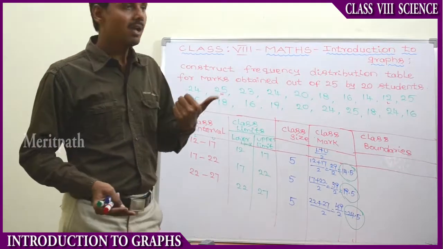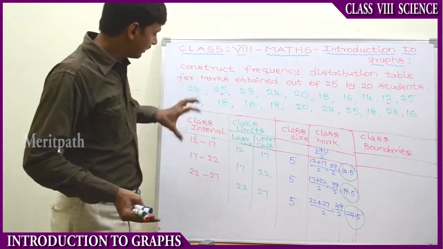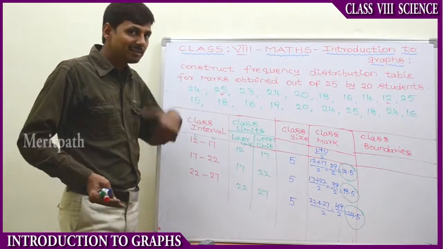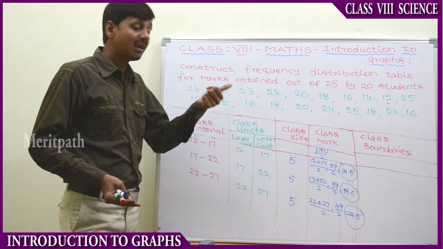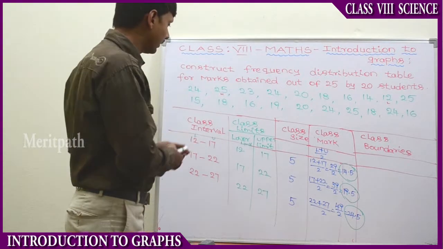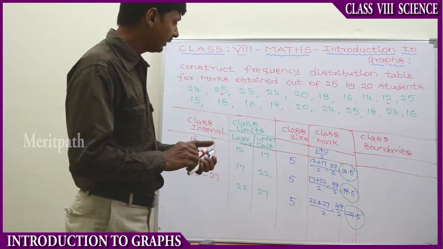In that case, we change the class interval to exclusive classes by taking the boundaries. Then we write the class boundaries. So here we do not change anything. We write the same as it is.